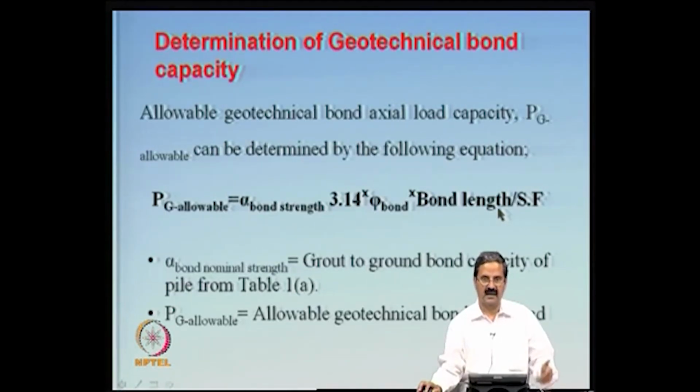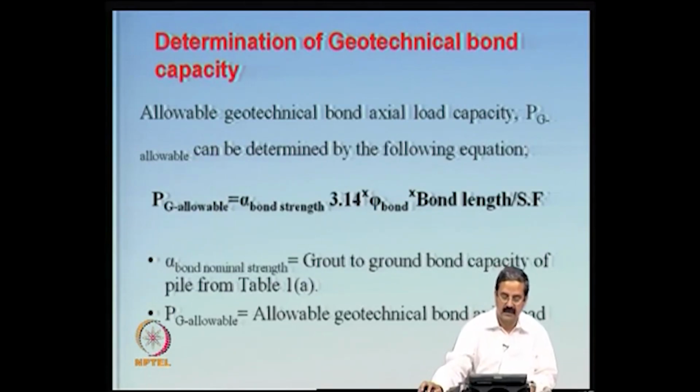We assume that wherever you put the grout, that length is taken, and then a suitable factor of safety is applied. It is essentially the surface friction that gets mobilized between the pile and the soil.